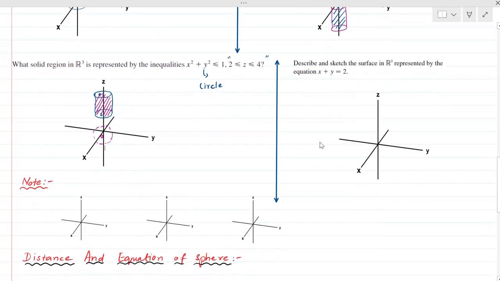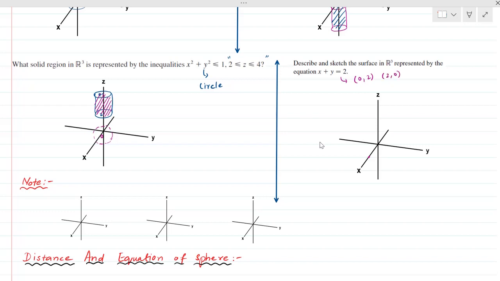Now the next one, describe and sketch the surface in R3 represented by the equation x plus y equals 2. As we know, x plus y equals 2 has an x intercept when y is 0. First do it in 2 dimensions. The points are (0, 2) and (2, 0).